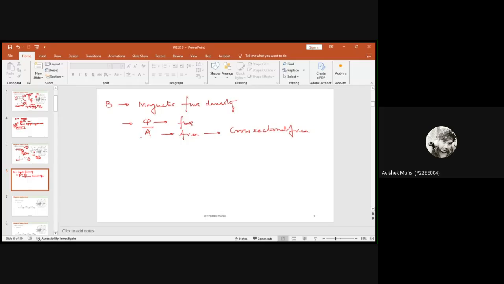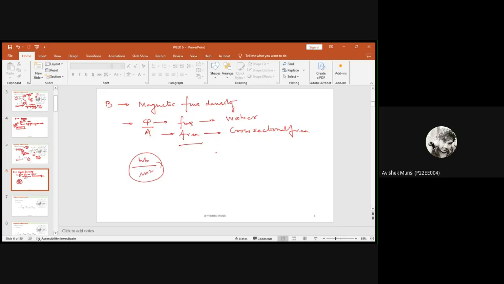The unit of flux is Weber, and area is meter square, so the unit of B is Weber per meter square.